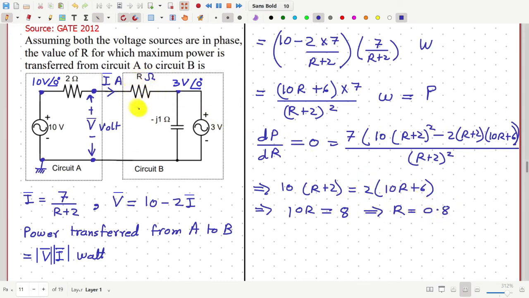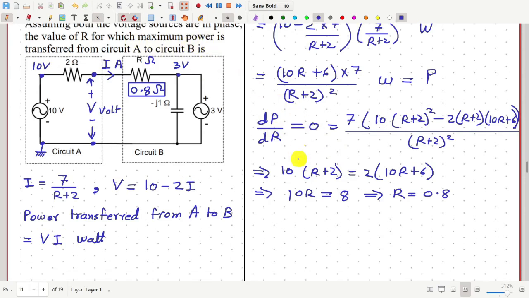So this resistance should be 0.8 ohm. Okay, and that is the answer. Now, to be more satisfied, you should find out the second derivative of this quantity and check whether that is negative or not to get maximum value. Okay, now let us move to the next question.